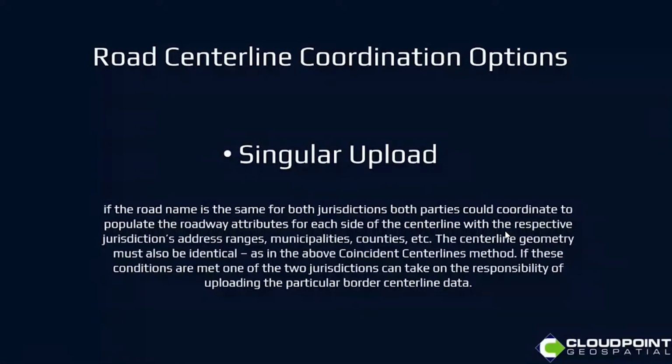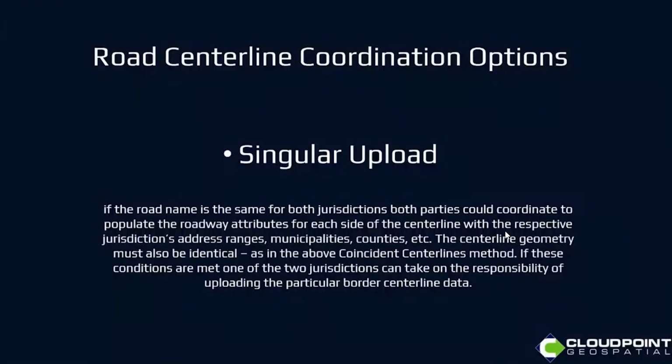with that bordering agency to accurately populate the ranges from and to for both sides. So similar to our coincident method, but this time we're populating both range values. We're also populating the jurisdictions, municipalities, and range fields, similar to our coincident method.